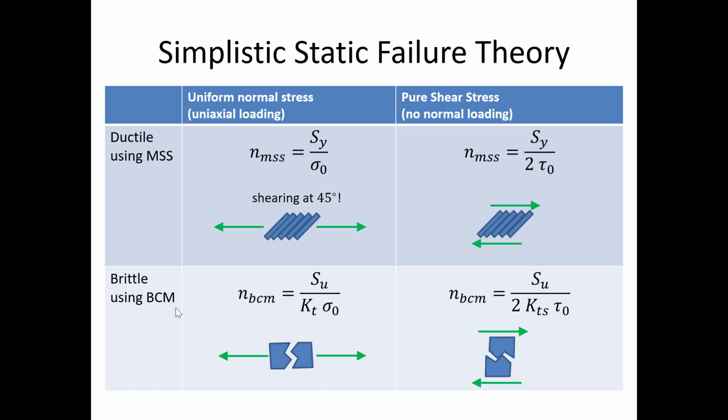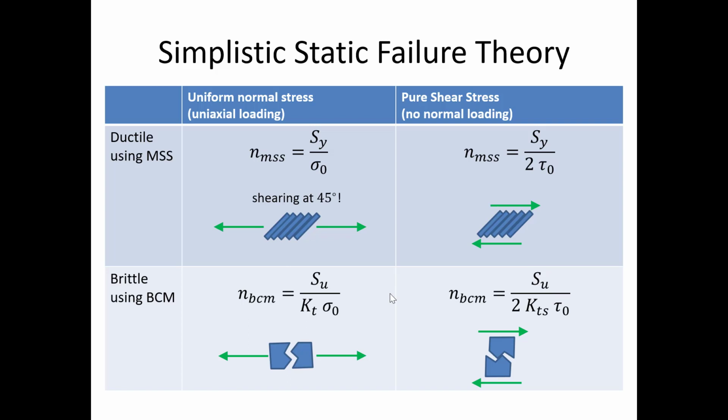So as I was saying initially, it's easy to be off by a factor of 2, and it's also easy to be off by a factor of KT. So let's review these things quickly. The first thing is ductile material: you're going to use SY, yield strength. Brittle material, you're going to use SU.